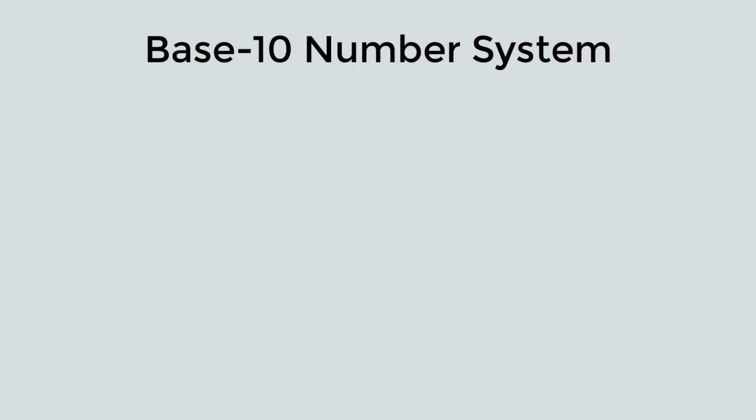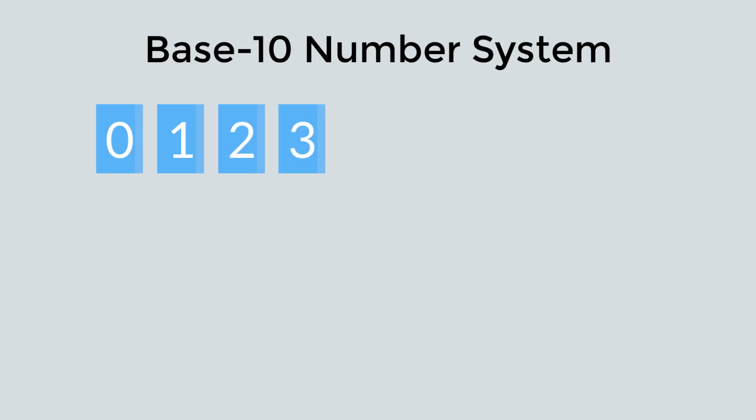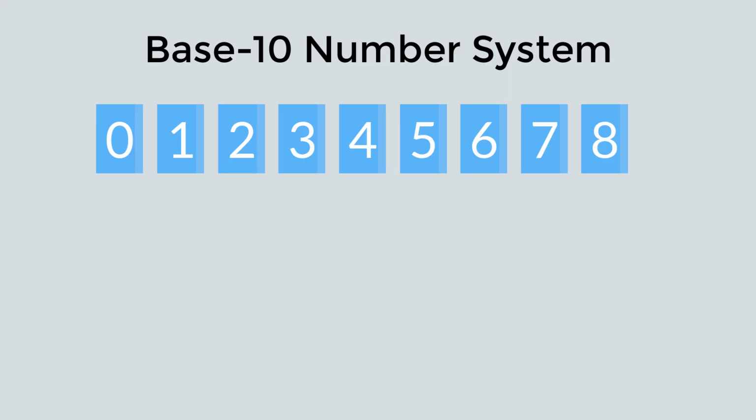The number system we use most often is called base 10. This is also called the decimal system. It uses 10 symbols: 0, 1, 2, 3, 4, 5, 6, 7, 8, and 9.